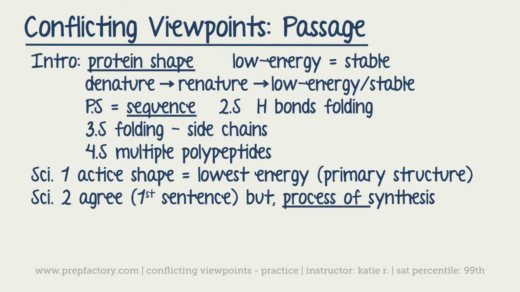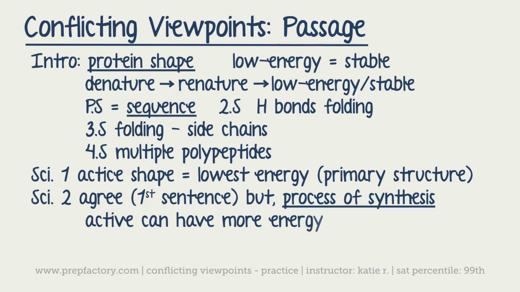So the process of synthesis is also important. If pieces of the polypeptide chain were already in another shape, then that's going to affect our active shape. Okay, so we can have an active shape that has more energy than lowest.